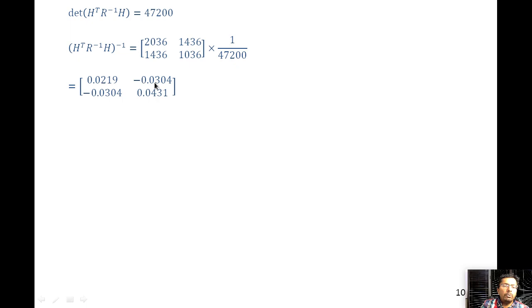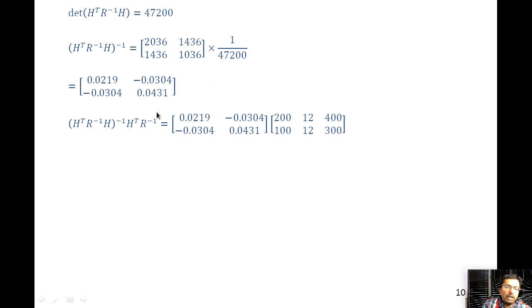So to calculate the inverse, I divide the adjoint by this number, which gives me 0.0219, minus 0.0304, minus 0.0304, and then 0.0431. So then we multiply this by H transpose R inverse, which we already calculated.